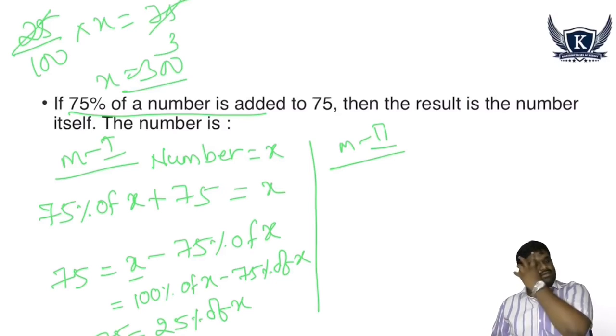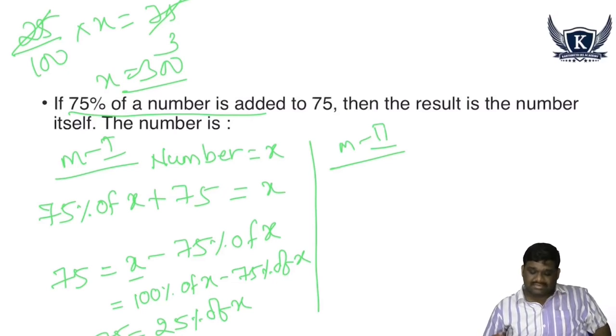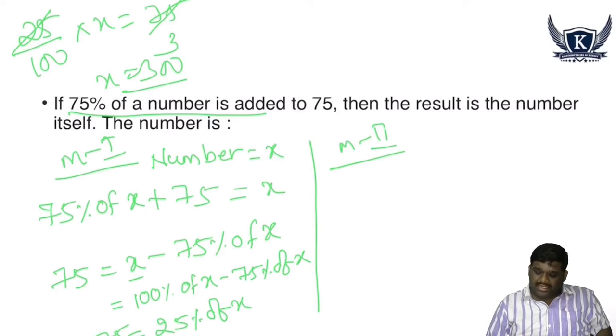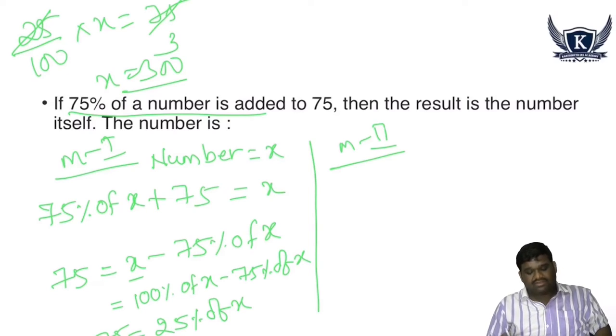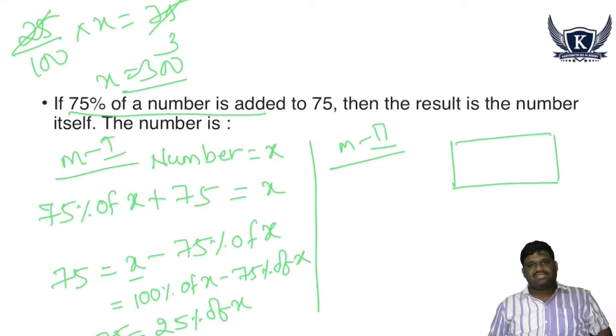This is method 1. How to solve this question in method 2? Here I am adding 75% of a number to 75 to get the total number. That means here there is a logic. Let us assume this is a number.